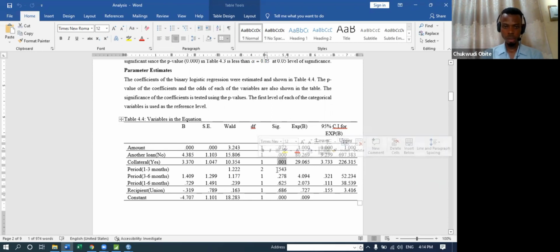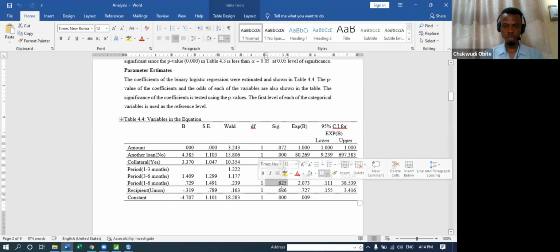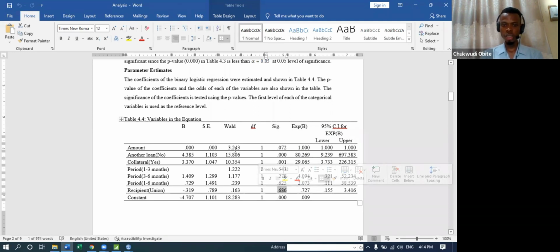We are not going to interpret period, because the p-value is greater than 0.05. So we'll just tell them period is not significant. We are not going to interpret recipient either; we tell them recipient is not significant. So the only variables we interpret in detail are another loan and collateral.